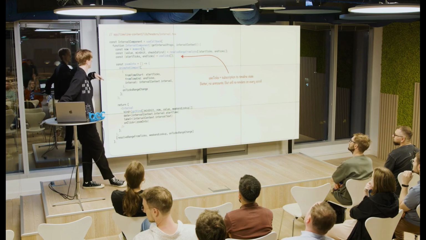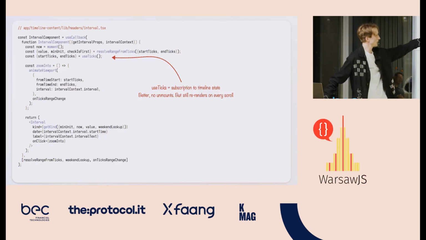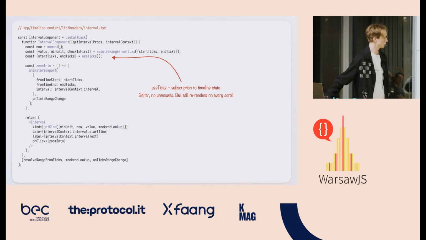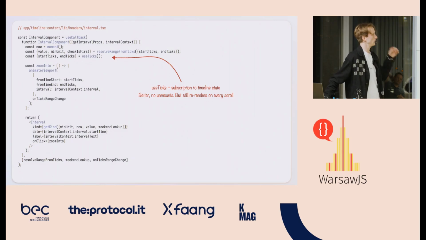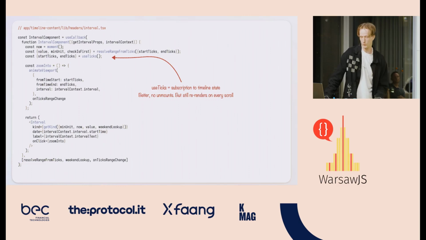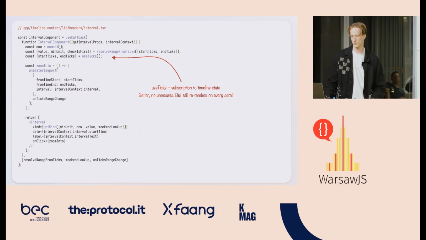If you take a closer look, startTicks and endTicks are used only inside our zoom function, and zoom is basically an on-click handler. So we need those values only when the user actually interacts with this header. There is no need to establish this subscription. We just need to get it one time as the user interacts.